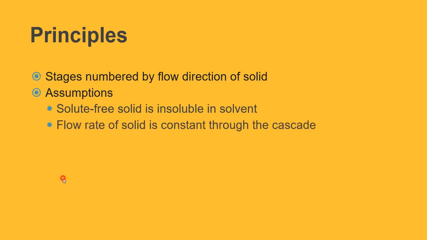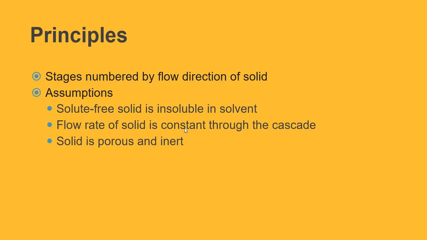Now, there are very important assumptions when we speak of leaching. Solute-free solid is insoluble in the solvent. This refers to the carrier, the insoluble or inert solid. The flow rate of the solid is constant through the cascade. The flow rate of the solid, this refers to the inert insoluble solid, its mass flow rate throughout your leaching system is constant.